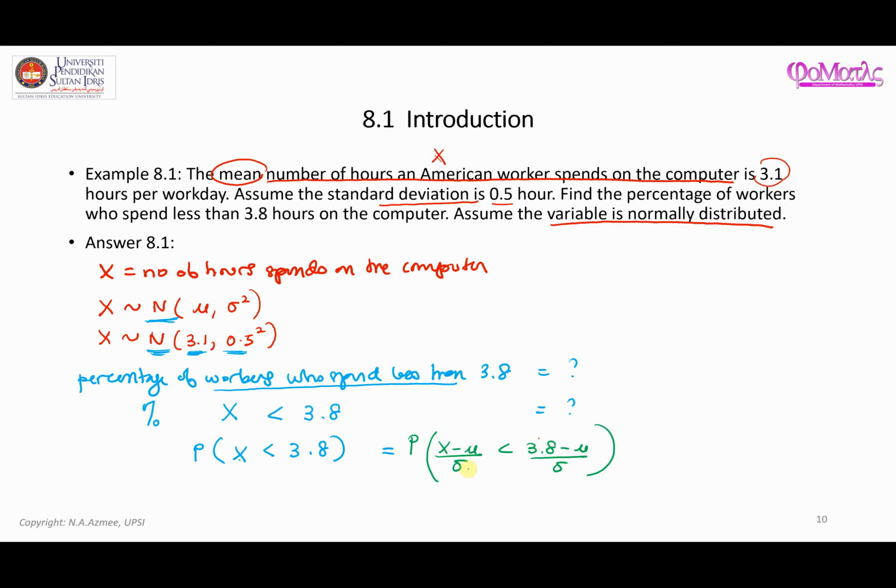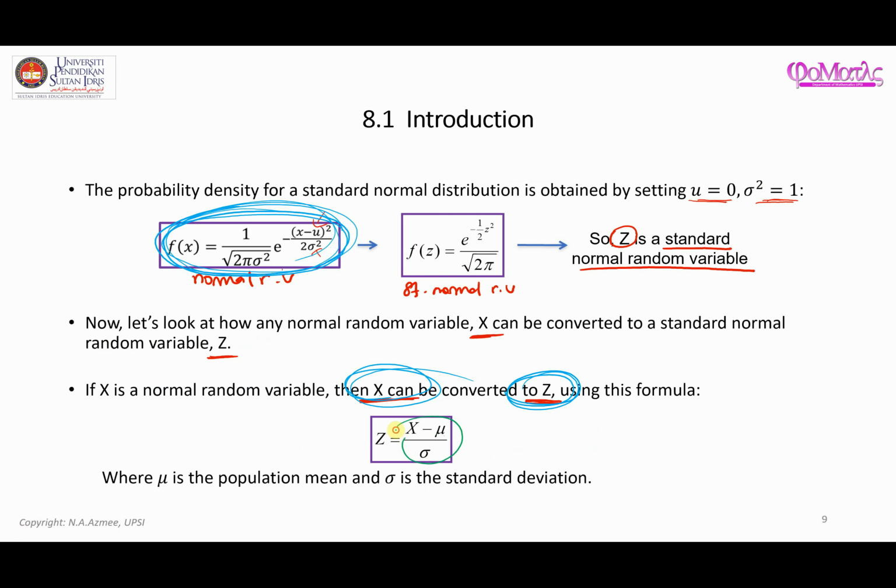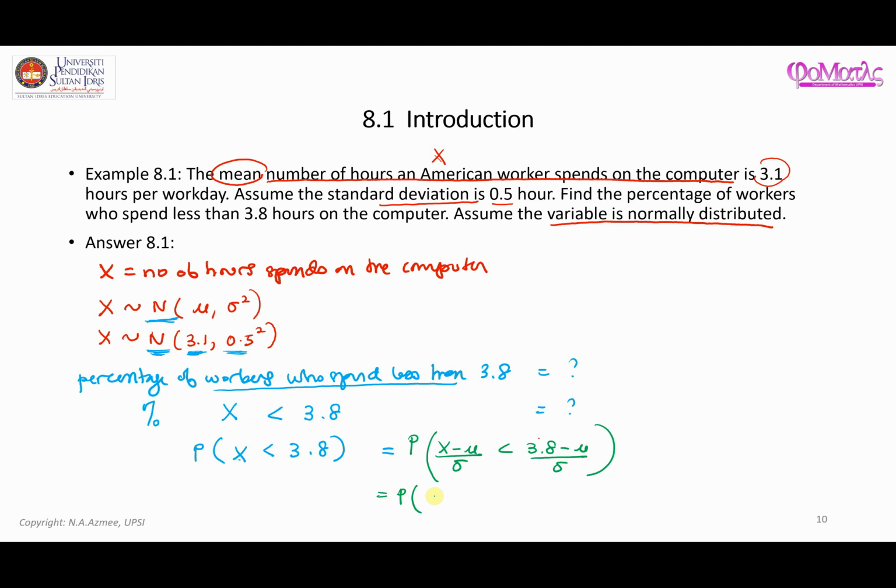And x minus mu over sigma is z, so we can just replace that with z. 3.8 minus 3.1 over sigma, which is 0.5, and you calculate this, you will get probability z less than 1.4.